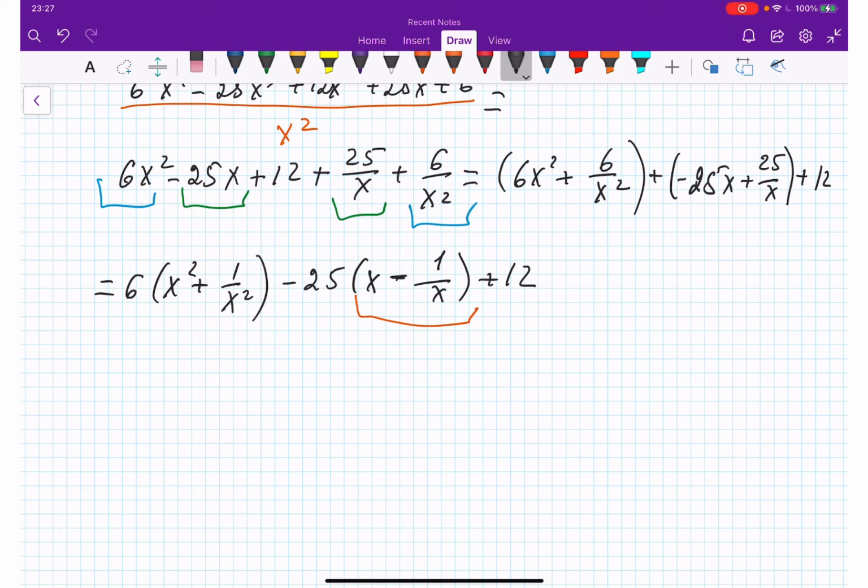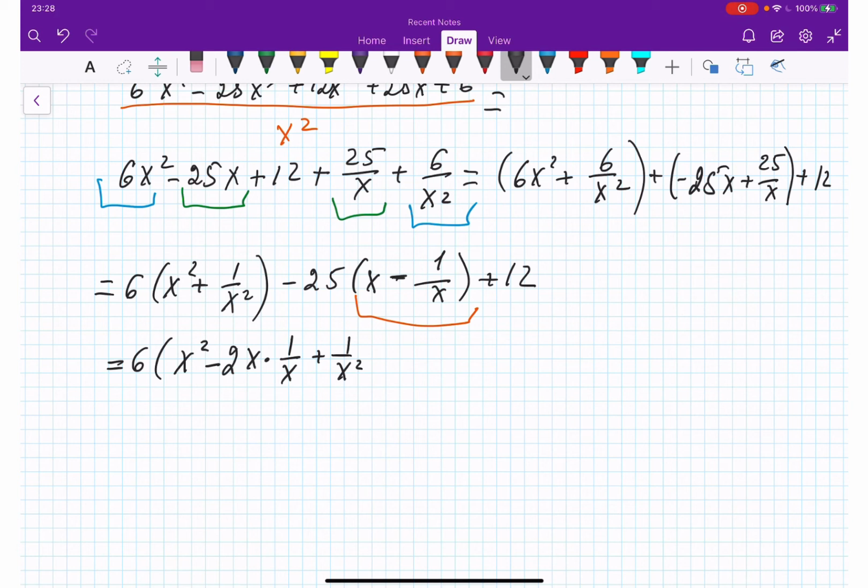So which means the first parenthesis, x squared plus 1 over x squared, I want to bring to the a minus b squared instead of a plus b squared, right? This time we are going to work like that. Therefore, 6, and instead of putting plus, I'm going to put minus 2, and a is going to be x, b is going to be 1 over x, and plus b squared is our x squared.